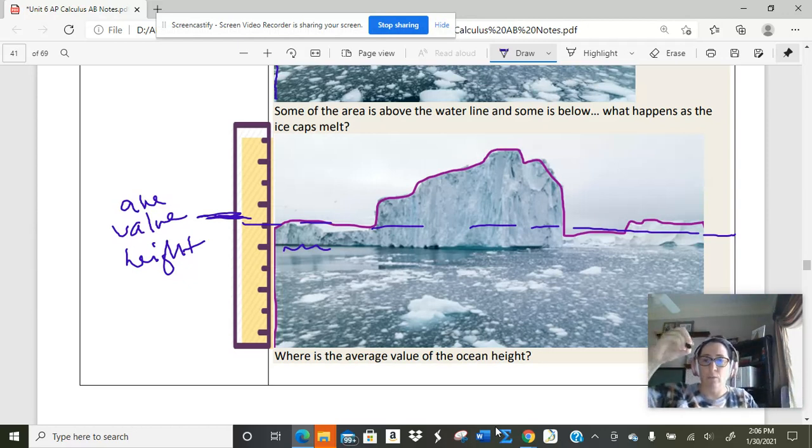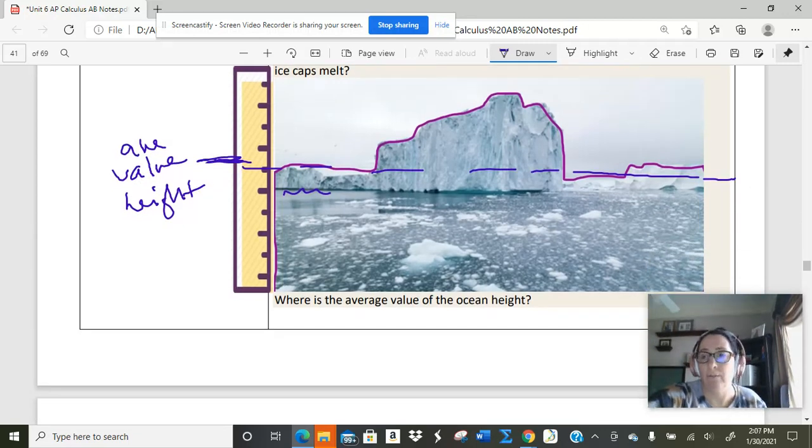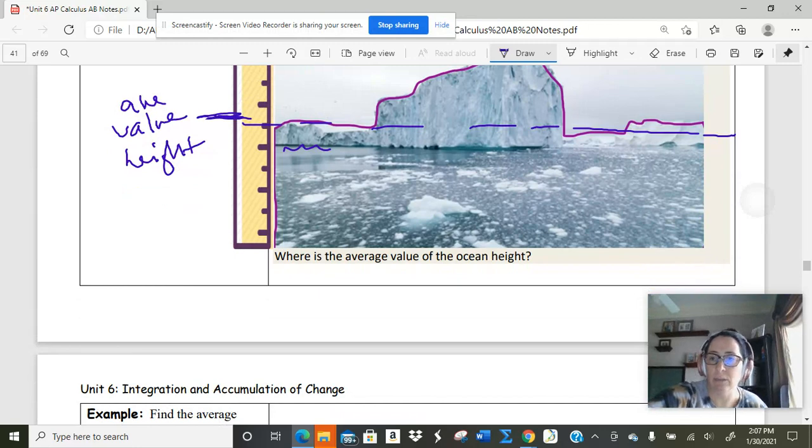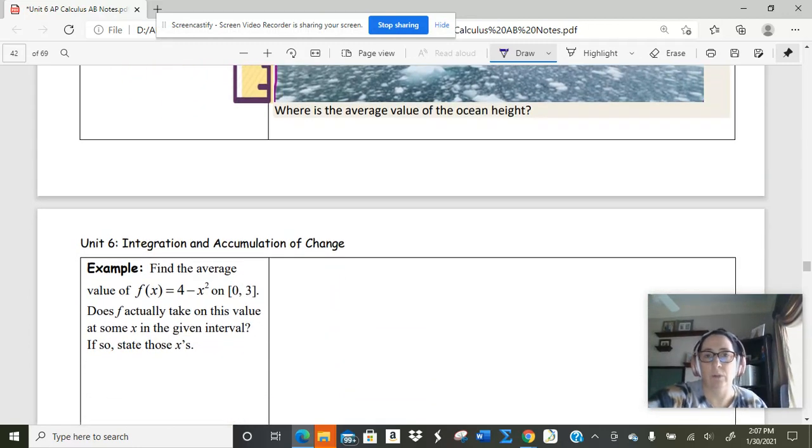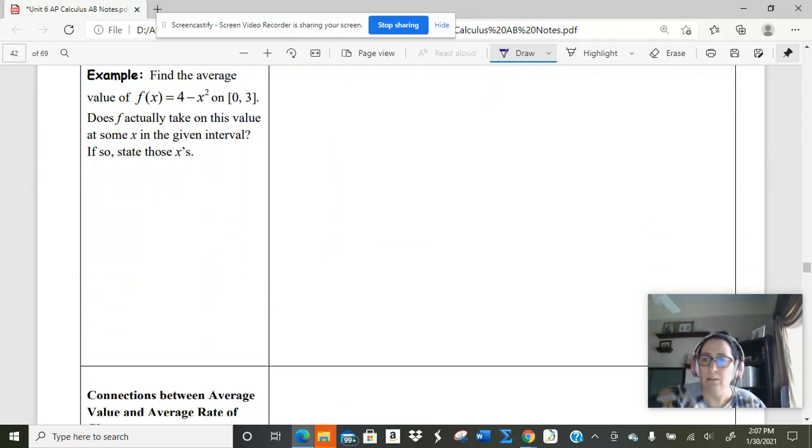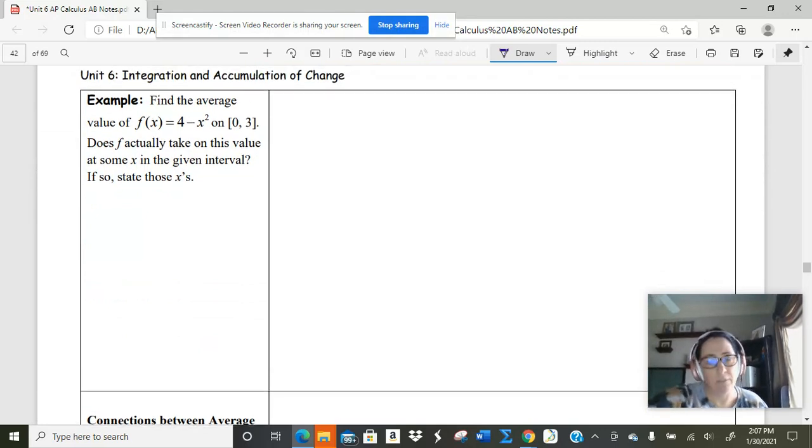So as mathematicians, we can create this function and find where that average is going to be. Now, of course, there are more variables, like water evaporation or expansion, with the temperatures, and all of that. But you'll take those variables into account when you become higher level than me. Okay?